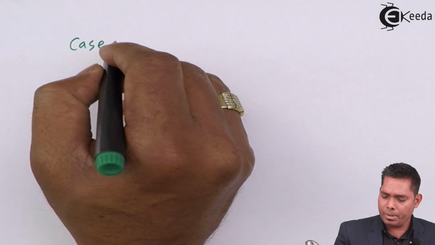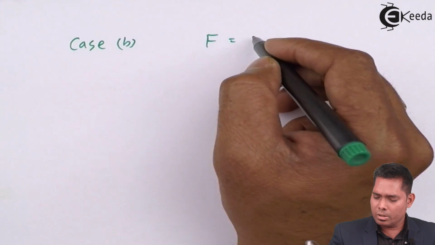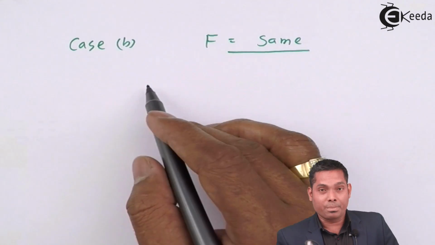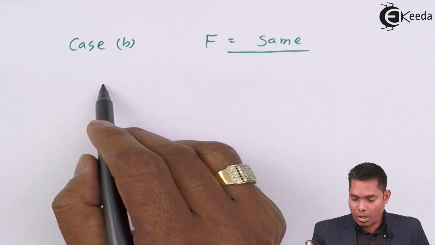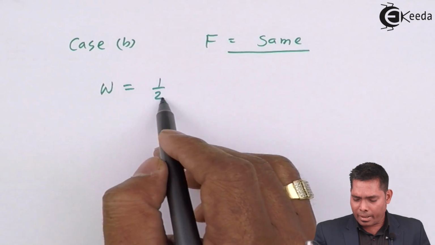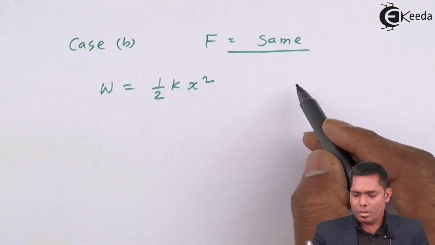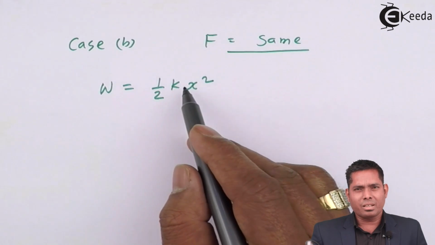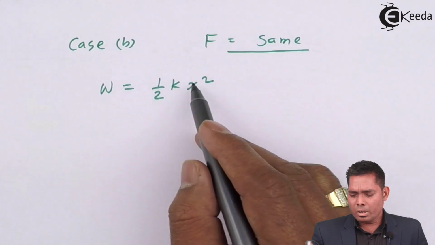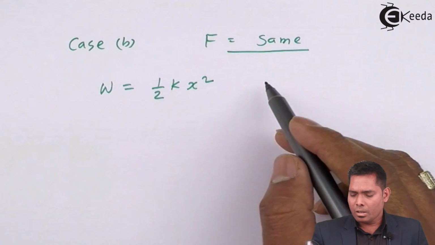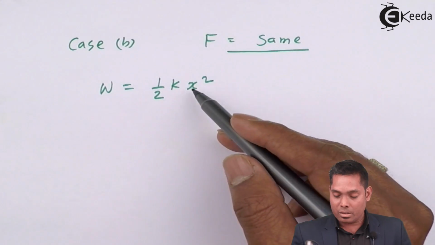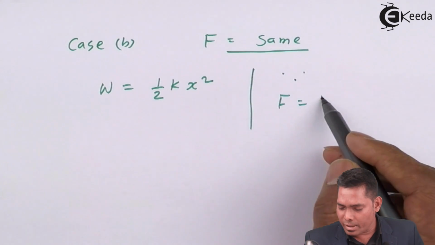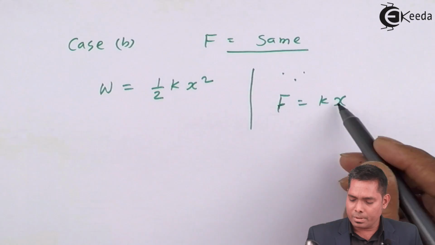For case B, the force is the same in both springs P and Q. Now the work done is always given by the expression half k x squared. But here the force is the same and there is no force in this expression. So first let us introduce force in this expression. We know that F is kx, force is proportional to x.